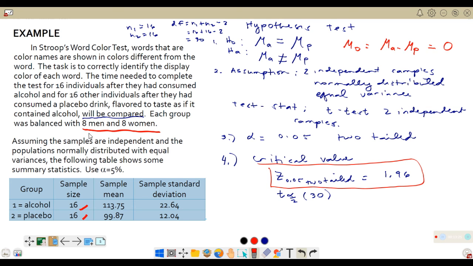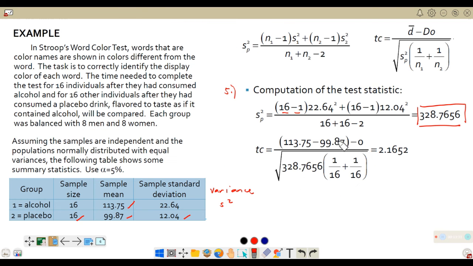Since wala naman siyang direction na tinukoy at saka wala siyang assumed na difference. Okay, so 0 lang tayo dito. Over the pooled variance, 328.7656 times 1 over n sub 1 plus 1 over n sub 2. Ito yon. Okay, that is equal to 2.1652.